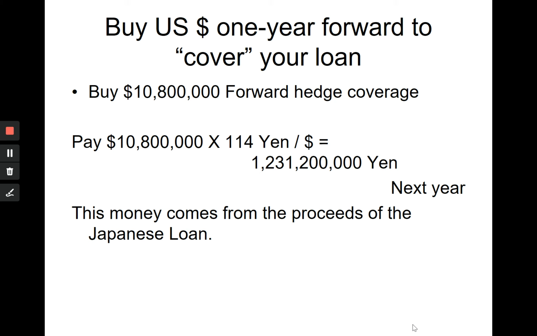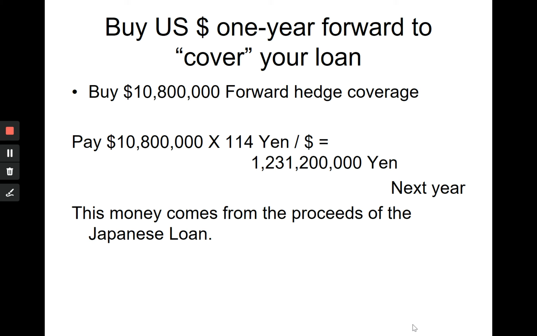Multiply $10,800,000 by 114 yen for each dollar, so we have to give 1,231,200,000 yen next year, and the bank has to give us $10,800,000.